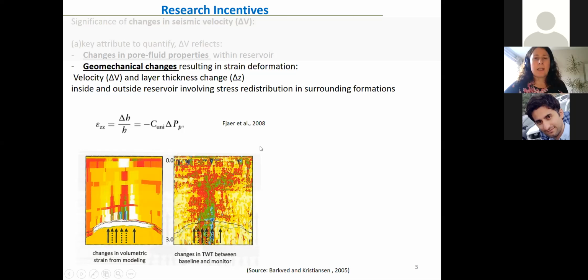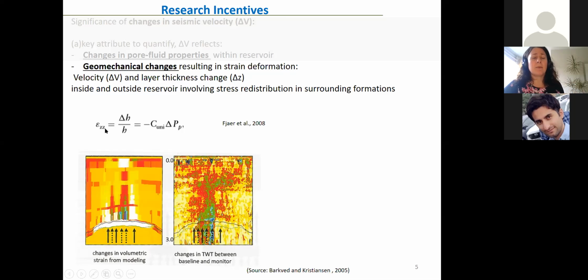And of course, this is a quite complicated physical problem, but we can make some approximations between changes in velocity and changes in layer thickness.